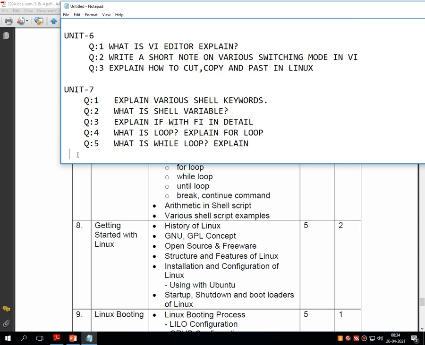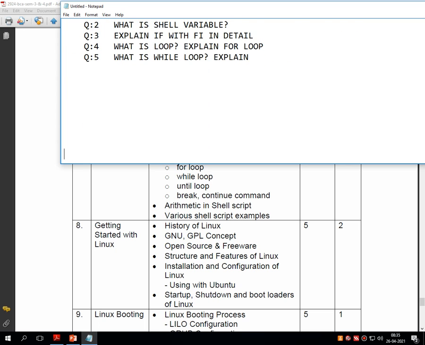Unit number 8. Question number 1. Explain the installation step of Ubuntu.